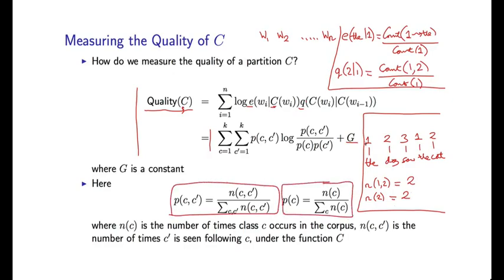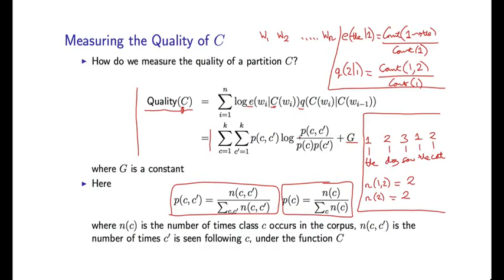So what I'm describing here is a mechanical way to go from a partition C to some value, which is actually equal to this likelihood. It involves just computing these probabilities, the joint probability of seeing C followed by C primed and the marginal probability of seeing a cluster C, and then computing this expression.